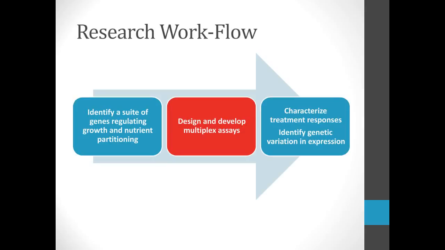Once one or more suites of genes are identified, then optimizing these genes or these assays is the next step. Much of the effort during optimization is spent quenching signals from high expressors, which in turn boosts signals from low expressors. This can be challenging, and there are some genes that are very low expressors that sometimes cannot be detected using these multiplex assays.